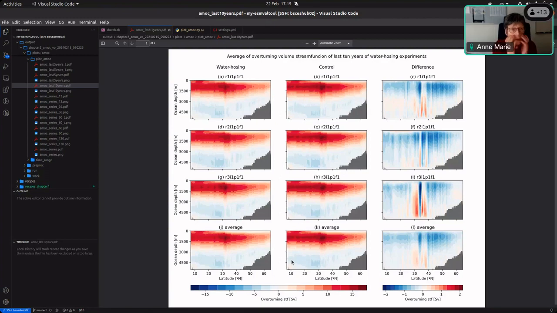And what do you think? I mean, here you are doing the hosing in a control run. What would be the most interesting for Erie? Do it in a historical run like Marion did, or imagine that Greenland is going to melt 4 times faster or something like that in the near future, and just do it as a scenario? I think it makes sense to do a scenario that accounts for the expected melting, and maybe another scenario that accounts for twice as much or 4 times as much.